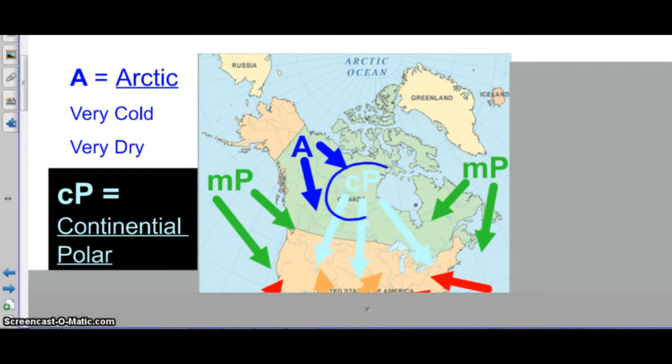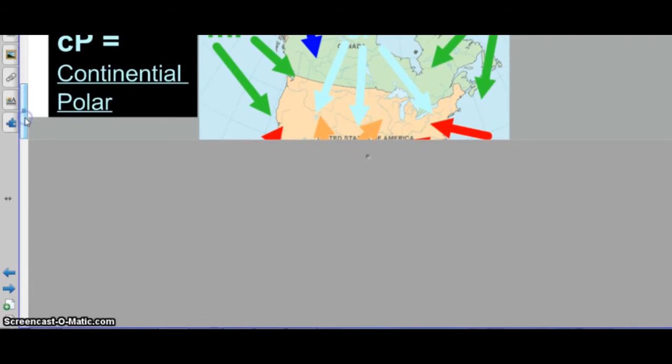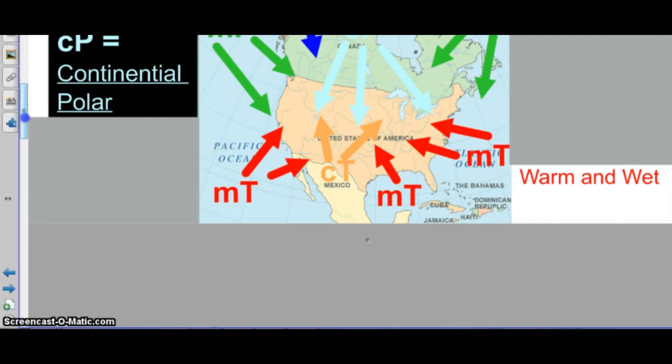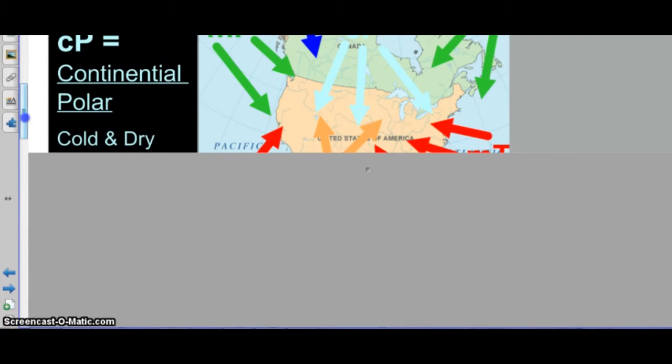An air mass that forms over Canada can move, and often does move, into our area. A continental polar air mass is simply cold and dry.